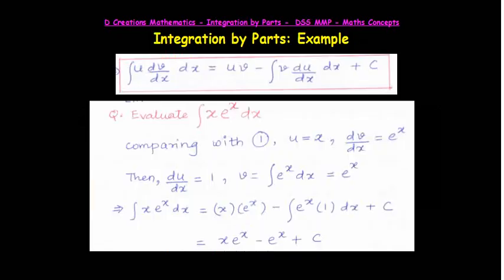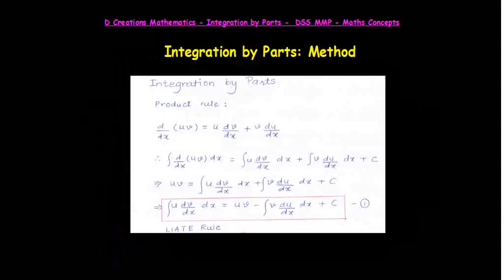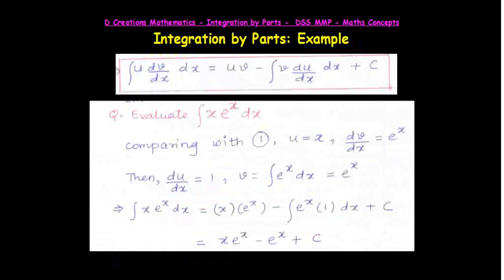But when you have a function instead of a constant, such as integral of x e raised to x dx, integral of x sine x dx, etc., you need to go for integration by parts. We have already seen the genesis. It is from the product rule. You have a certain format and you need to follow the light rule in order to choose u and v. So our task is to identify u and dv by dx.